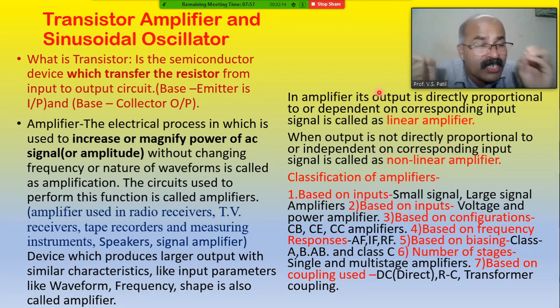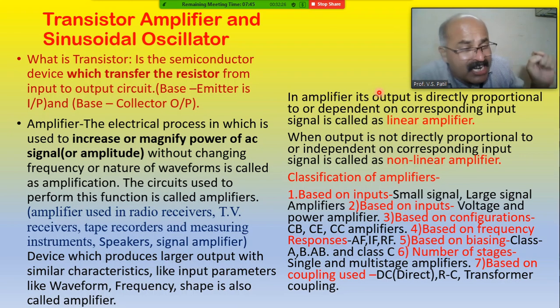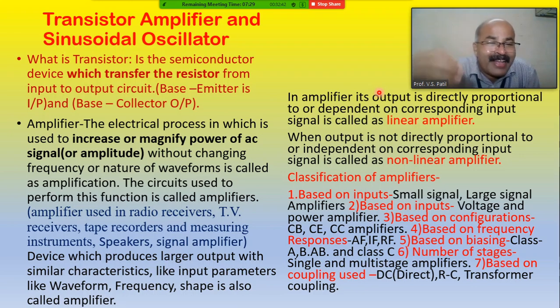The process which is used to amplify the signal without changing its frequency and waveform is known as amplification. Amplification is the process of magnifying or increasing the signal without changing its waveform and frequency. It can only magnify the amplitude.